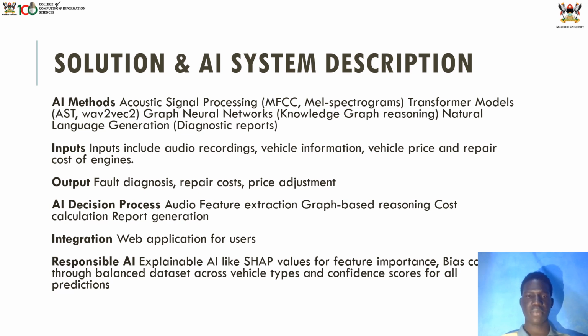Then solution and AI system description. Here we break down the methods and the models that we use. We used acoustic signal processing, transformer models, graphical neural networks, and natural language generation. So as we have seen before, inputs included audio recordings, vehicle information, vehicle price, and repair costs of engines.